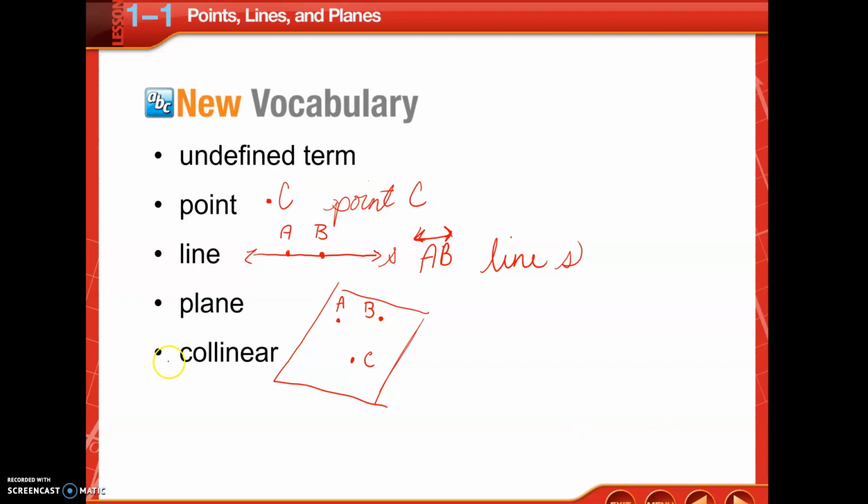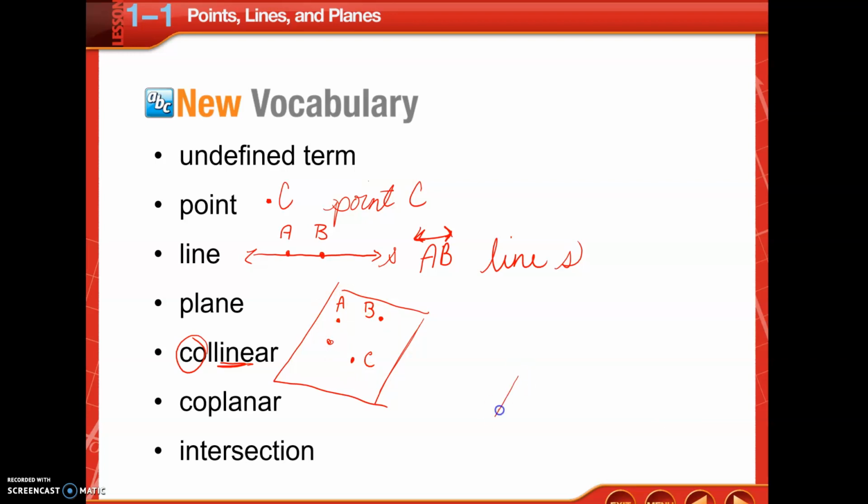So collinear means co is with the same line. So the ones that are all in the same line are called collinear, and coplanar means in the same plane. So points that are coplanar are all in the same plane. Intersection is where things meet.